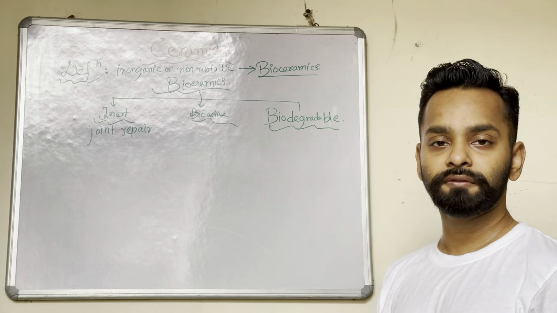This hydroxyapatite formula is calcium 10 phosphate 6 and hydroxy 2. So this is the structure of hydroxyapatite, and also there is another example which is tricalcium phosphate. Right, so these were the examples of some of the important ceramics.